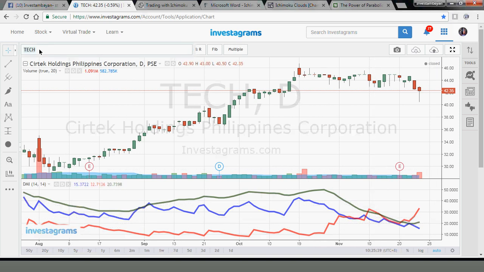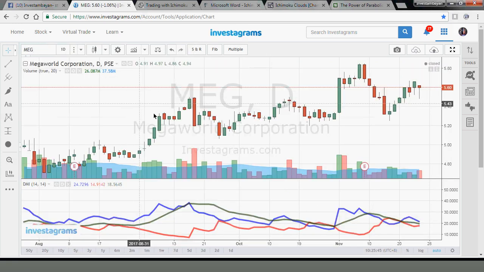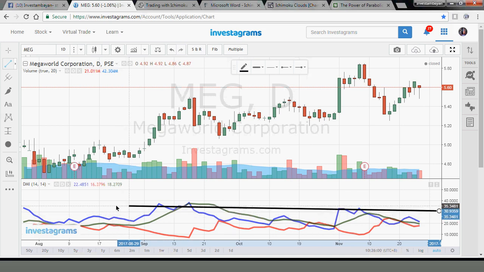Nandiyan pa ba kayo? Okay, so this is good. Good indication. Paano naman natin malaman kung ranging or walang clear na direction yung stock? Ito lang siya.